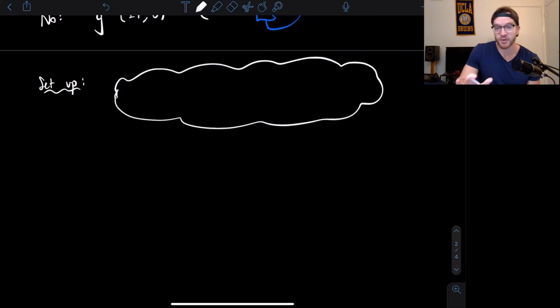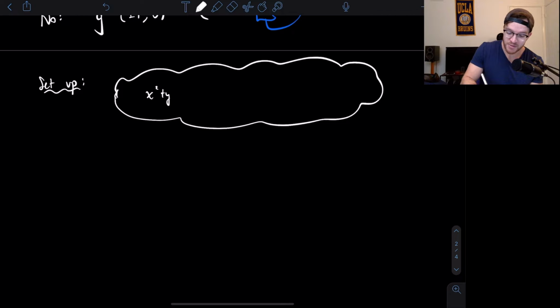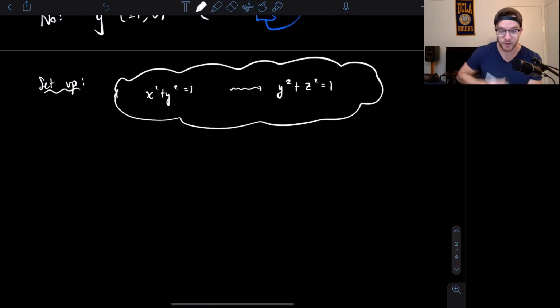I made this decision when I was typing up notes. So earlier I asked the question about x squared plus y squared equals 1. I'm going to switch my notation a little bit, and ask this about y squared plus z squared equals 1. They're just letters, right? They don't mean anything. But now my question is going to be, can I solve for z as a function of y?